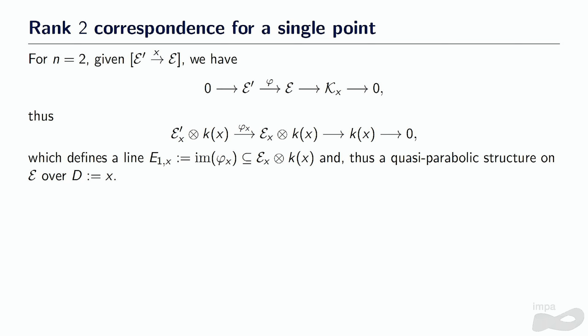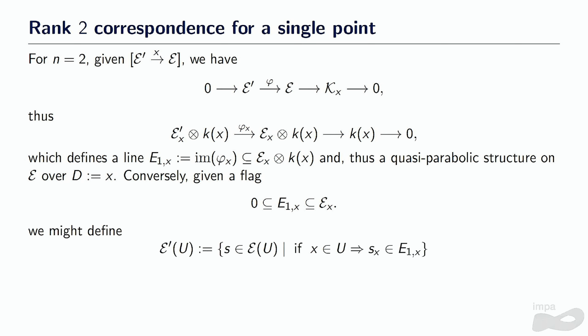On the other side, it's not too difficult as well. Given a flag on the fiber of the point, we can define the vector bundle which has the same sections as our original vector bundle, with just a one-slice modification. If we take a section on an open set of X such that the point is in this open set, we are going to ask that the section lie in the line given by the flag.